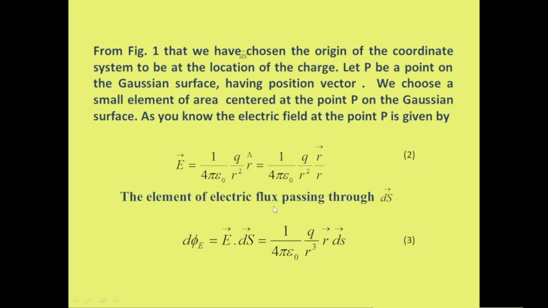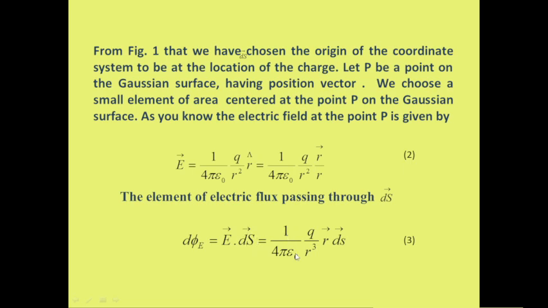Then the element of electric flux passing through the small area ds taken from the arbitrary surface. Electric flux is the number of lines passing through a particular area. So within this ds, the flux passing through is given by E dot ds. First we have to write the equation for the field at point P, then the flux equation, in terms of E dot ds, because we have taken the elemental area small ds.